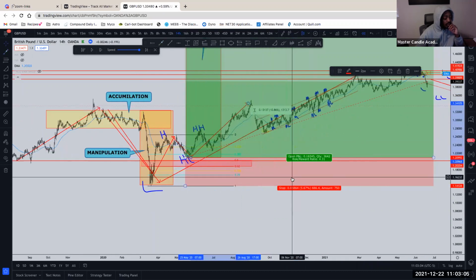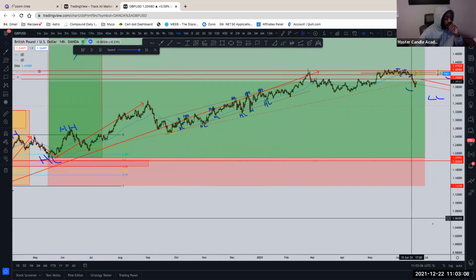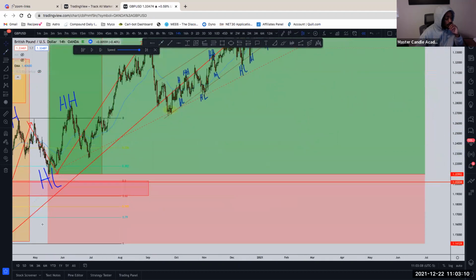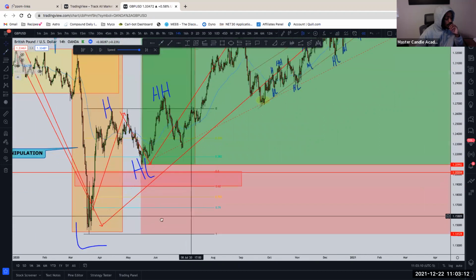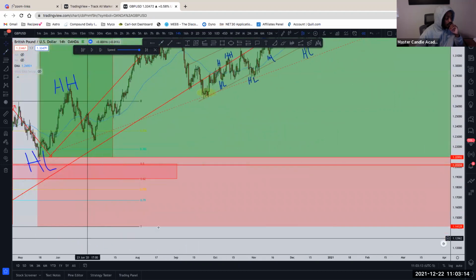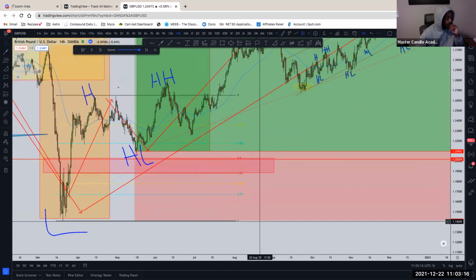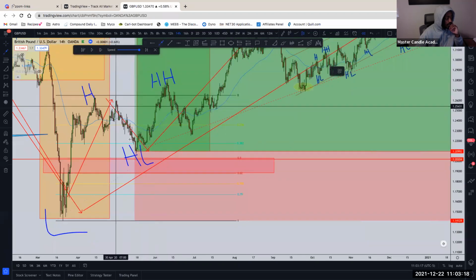There's an even smaller one that Glow was talking about. And I mean super small. Right here.